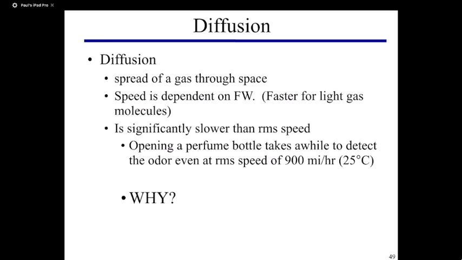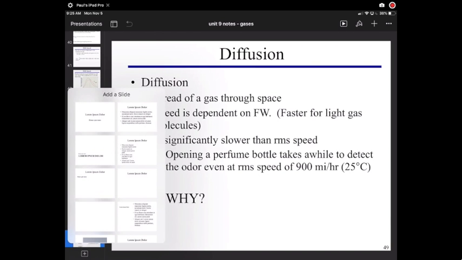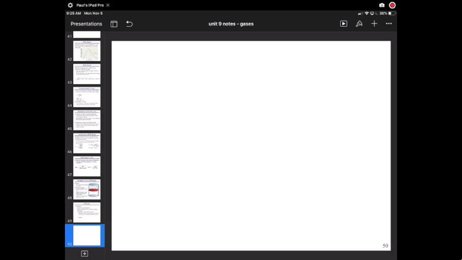So let's do this. Let's calculate the speed of bad breath. How in the world will we calculate the speed of bad breath? I'm going to go ahead and add a brand new slide so I can do this. We're going to do the speed of bad breath.